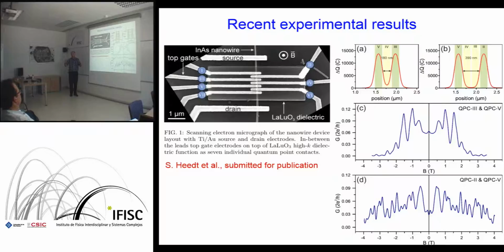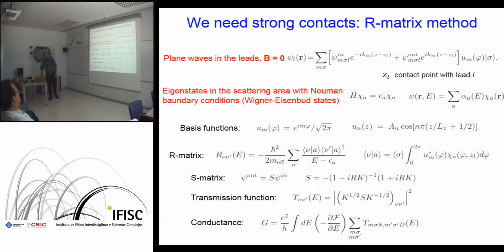Because with the tunneling contacts, we can only pick the density of states. So to extend our calculations, we used a scattering method which is based on the R matrix. And it is also another standard method in this field.